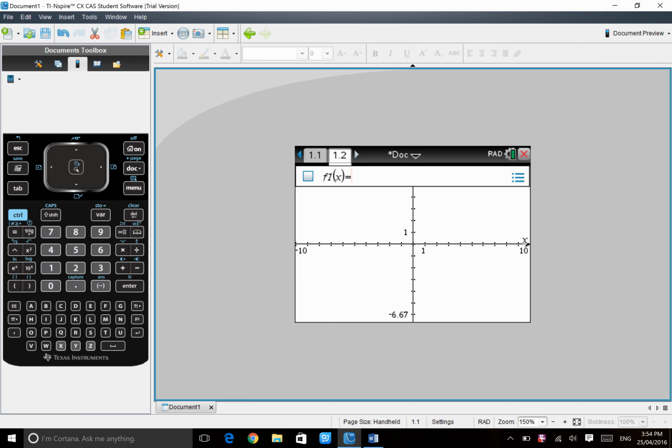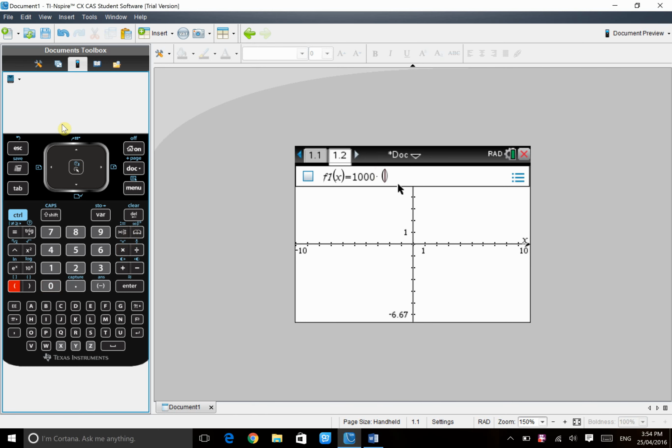So let's make f1(x) the simple interest. For simple interest, I have $1,000 times 1 plus 0.1t. That's the thing we need to pay attention to. When we try to draw graphs, we can't press the variable t here.